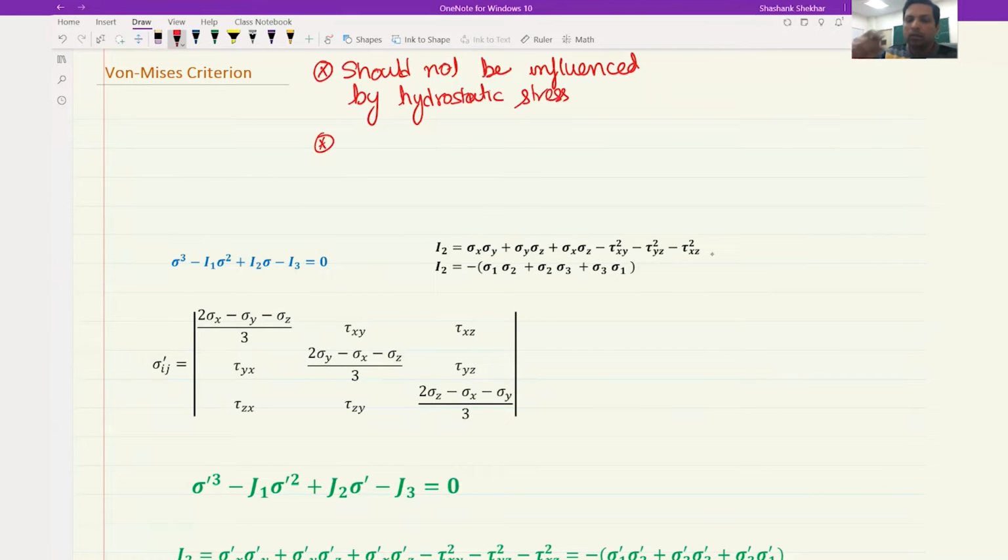The second thing that we noted was that if we want to arrive at such a criterion, then it should be some function of deviator stress.